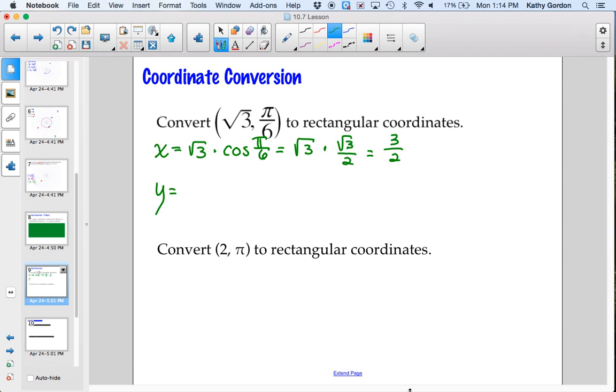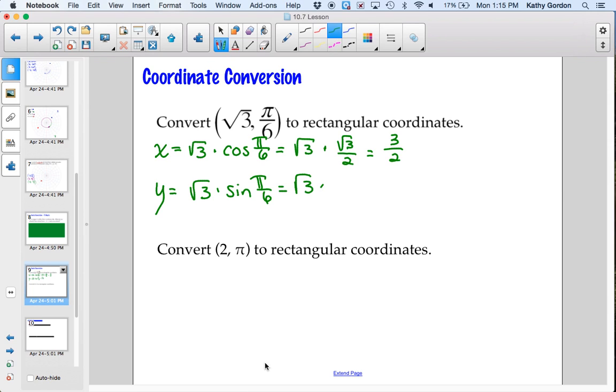And again, you're seeing that connection between the x and the cosine, right? For x, it's going to be r times cosine. For y, it's going to be r times sine. So still working with root 3, but now we're taking the sine of pi over 6.